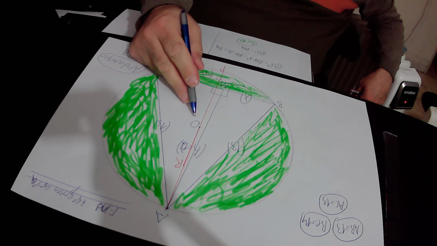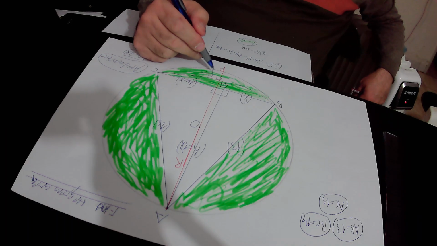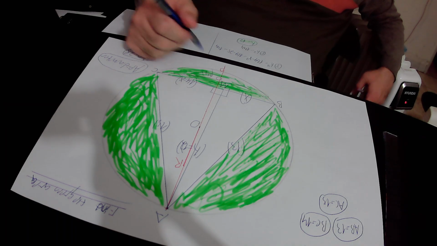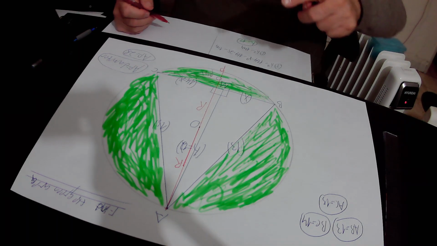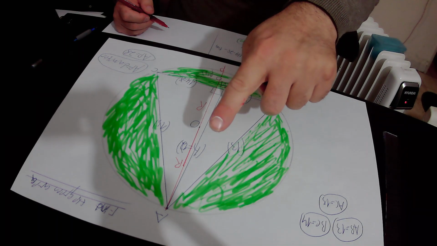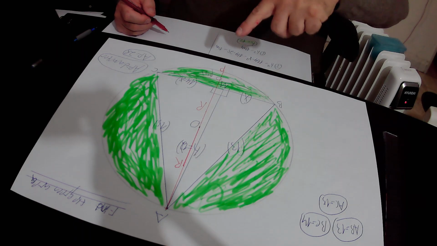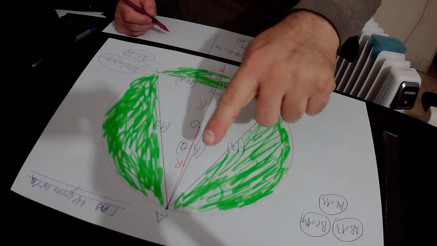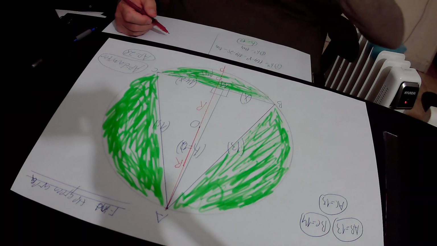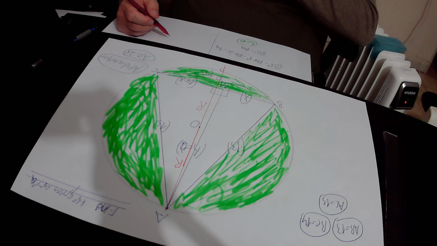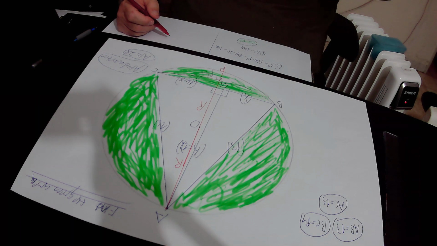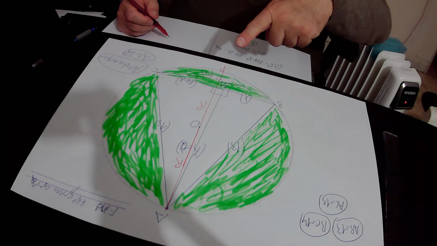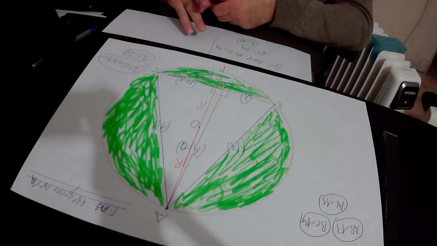Here point O is the center of the circle, point P is a point on the circle itself, therefore OP is the radius of this circle, that equals R. From the diagram itself, it is very easy to see that the length of AP is R plus R, that is 2R, and indeed AP is the diameter of this circle, that equals 2R. In the next step, we will join points P and C together by a straight line.